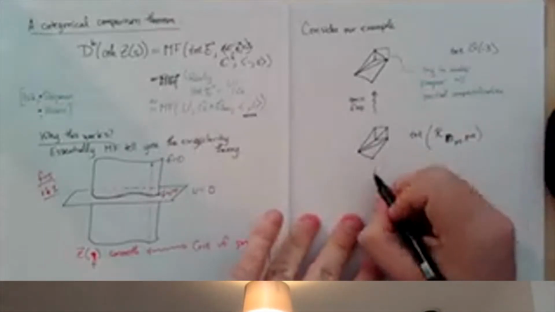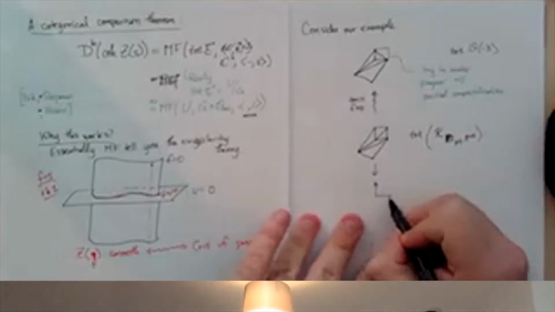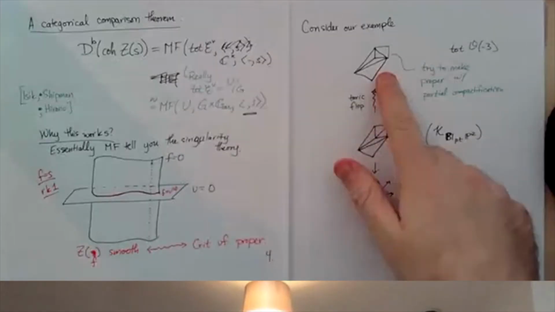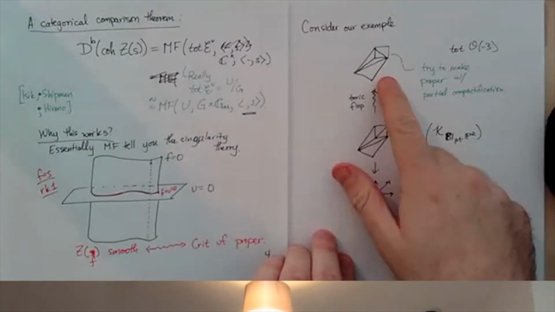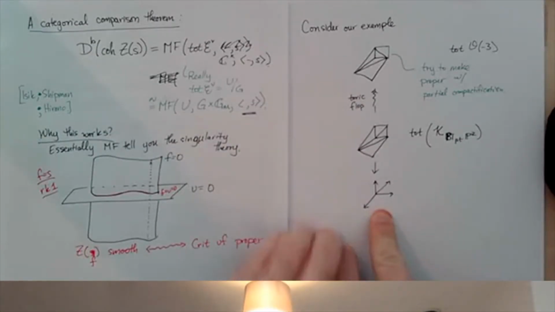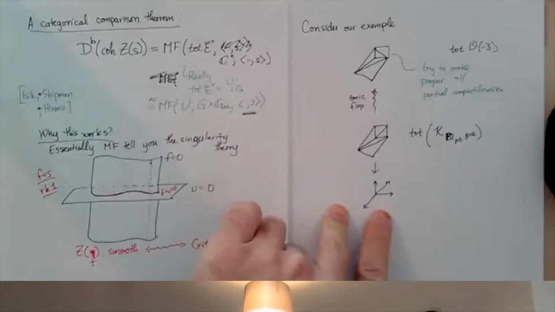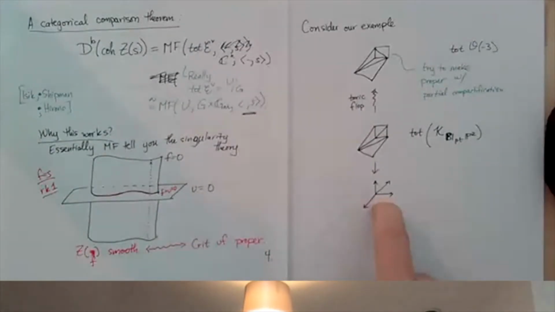Right, because the fan underneath this is just if I blew up at this point corresponding to this maximal cone. So in essence, what we've done is partially compactified, but downstairs it's something that's in the GIT fan of the blow up. Okay. Any questions?